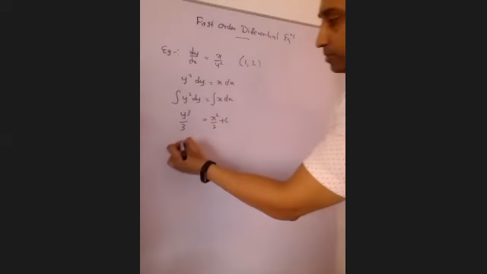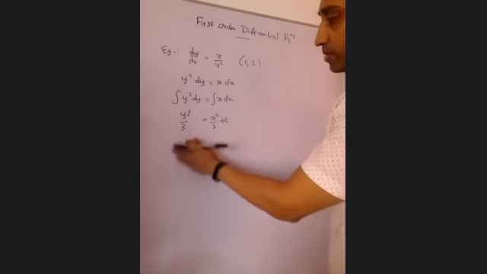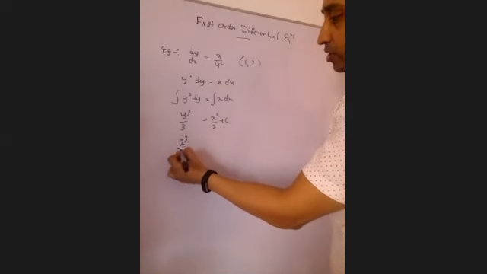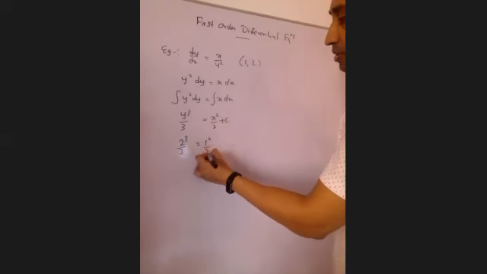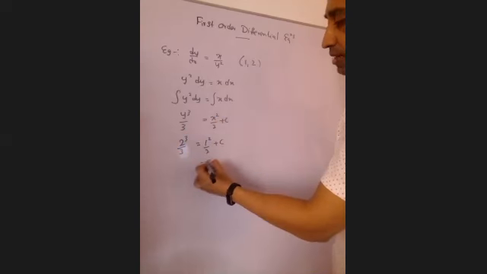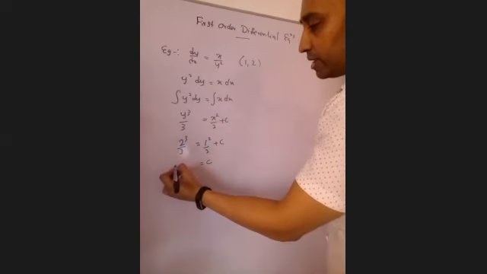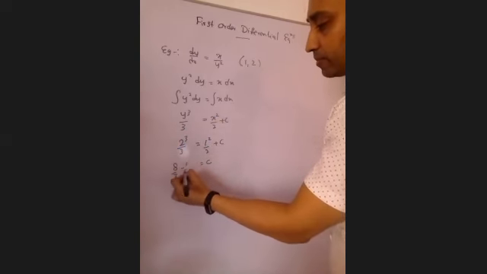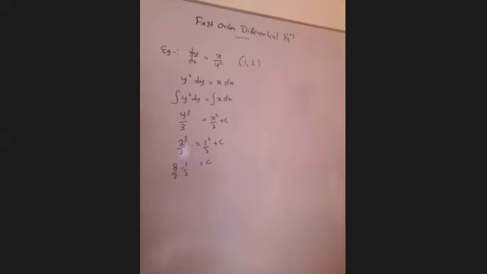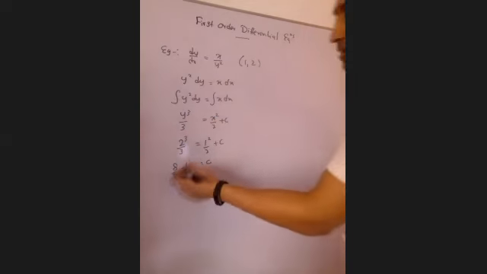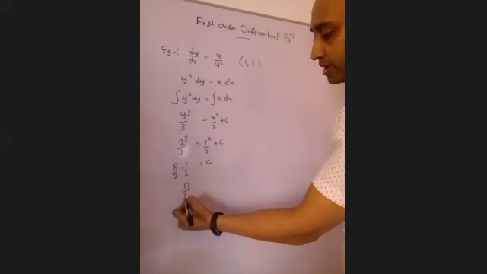So it's done up to 2 cubed over 3 equals 1 squared over 2 plus c. Therefore, c becomes 8 over 3 minus 1 over 2. So it's 16 minus 3, which is 13 over 6.